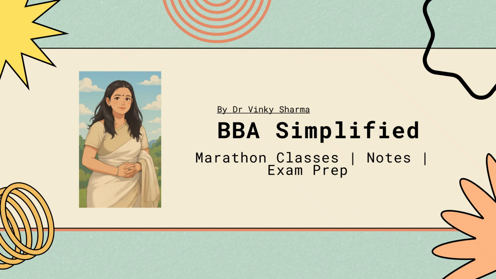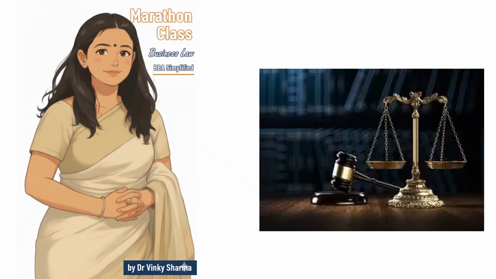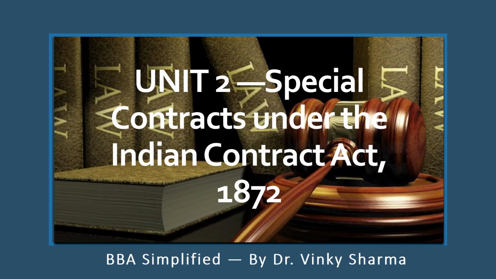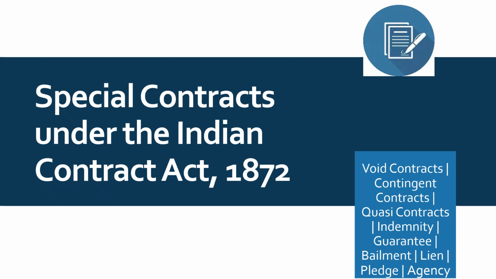I'm Dr. Vinky Sharma, and in today's marathon class, we begin with Unit 2, which covers some of the most important practical and widely used concepts of the Indian Contract Act, such as void contract, contingent contracts, quasi-contracts, indemnity, guarantee, bailment, lien, pledge, and contracts of agency.